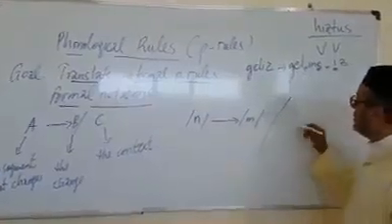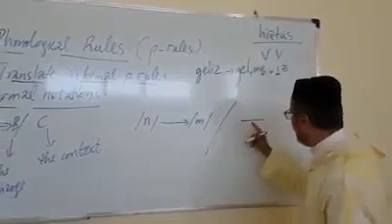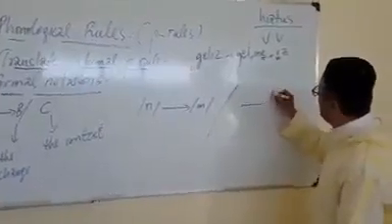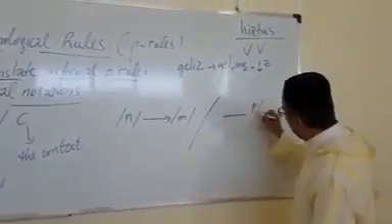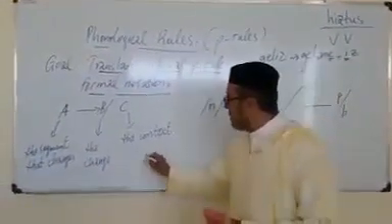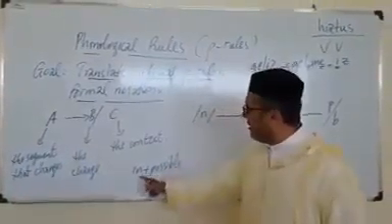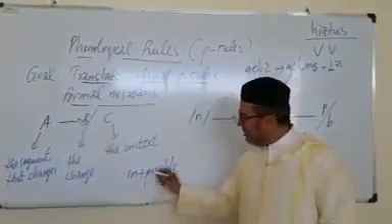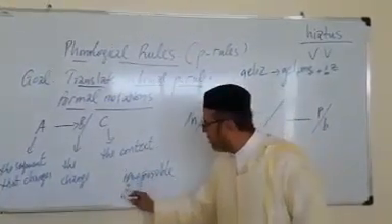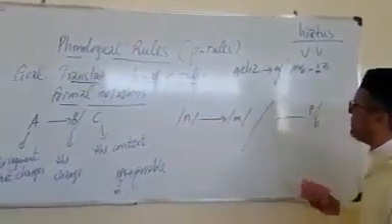So here we'll have the context. We'll say when it is followed by P or B. Remember, we said that historically the word possible was actually impossible. And because of the bilabial stop here, this N has changed into M. So, how do we do this?